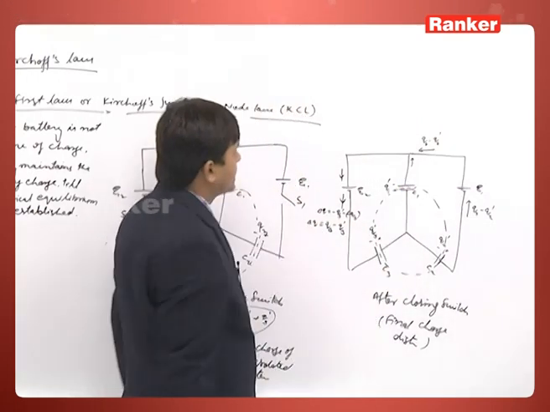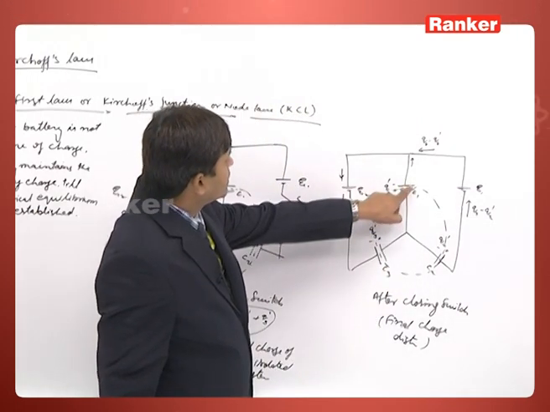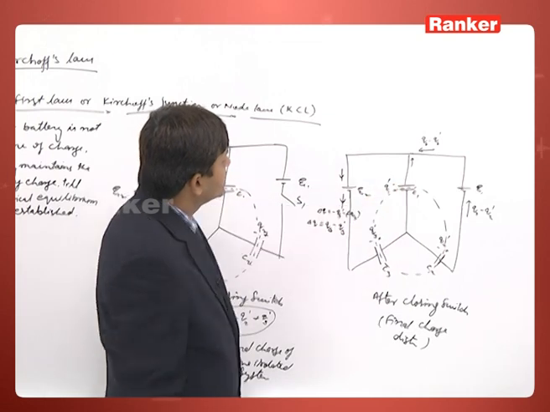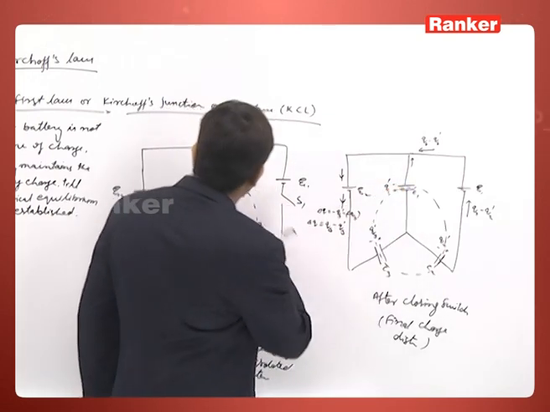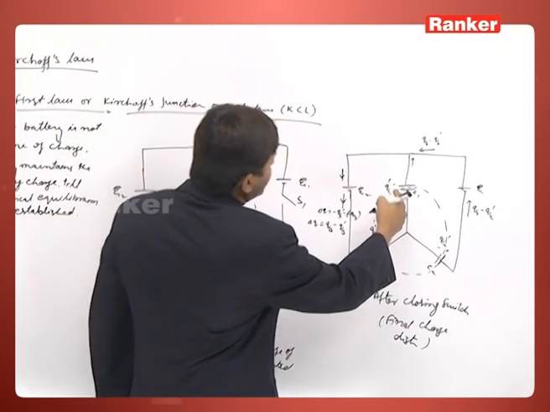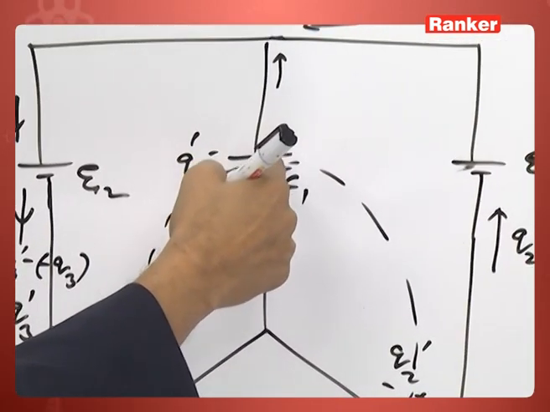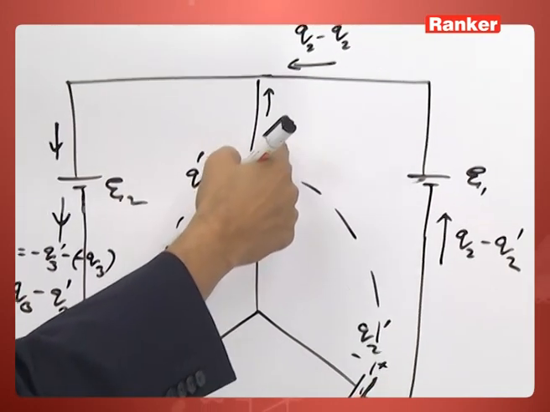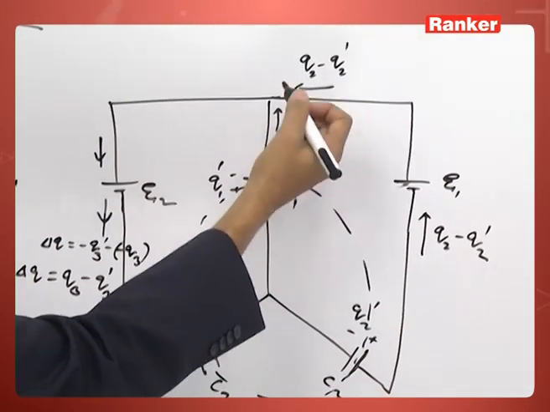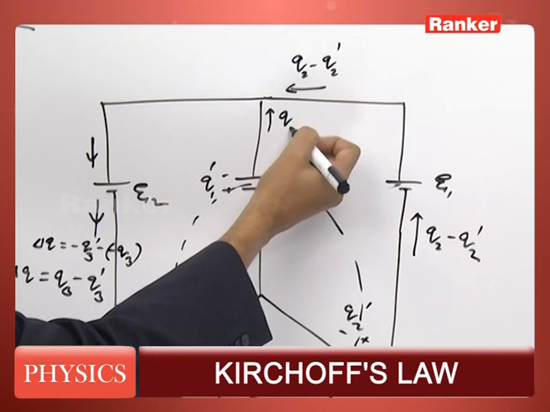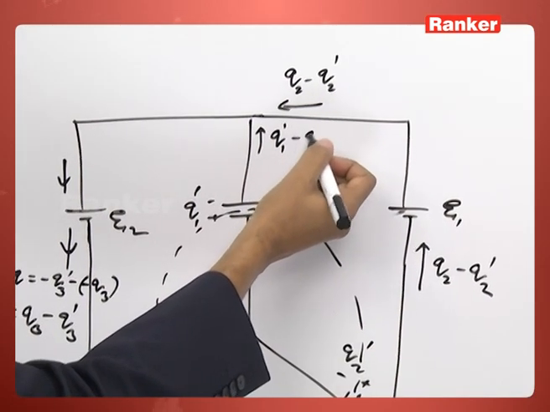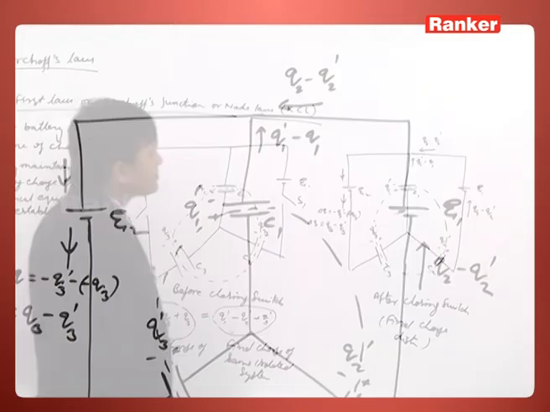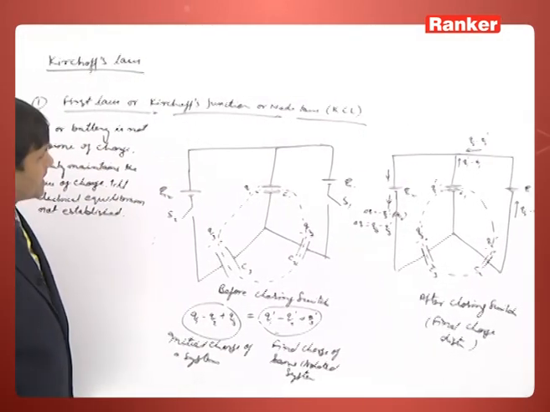Similarly, see here, the charge is minus Q1 dash final and initial is minus Q1. The final minus initial is minus Q1 dash plus Q1, that is Q1 minus Q1 dash. On that side it will be Q1 dash minus Q1. So this much charge is coming here.